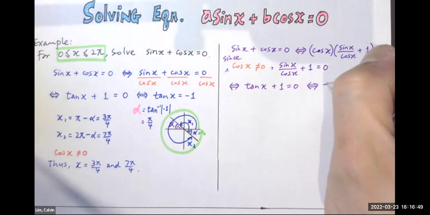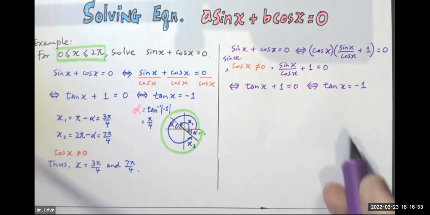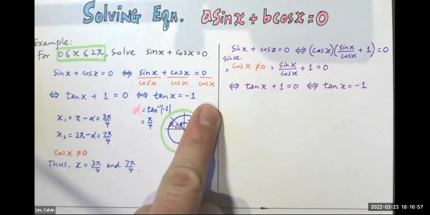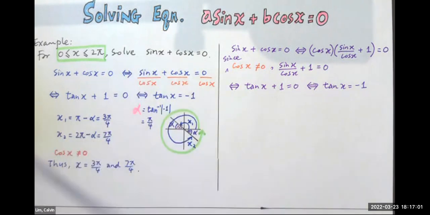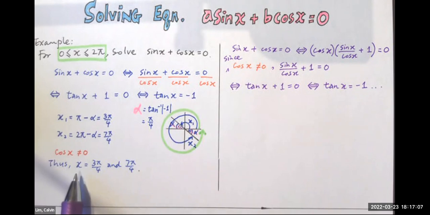Subtracting 1 from both sides gives us tangent x equals -1, which is exactly the same as the equation we obtained using the first method. Then you would just proceed to solve this equation to obtain the x values of 3 pi over 4 and 7 pi over 4 as the solution to the original equation.